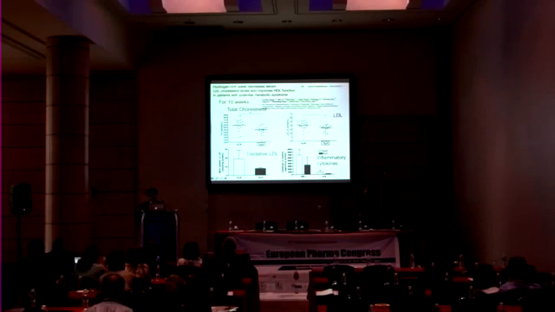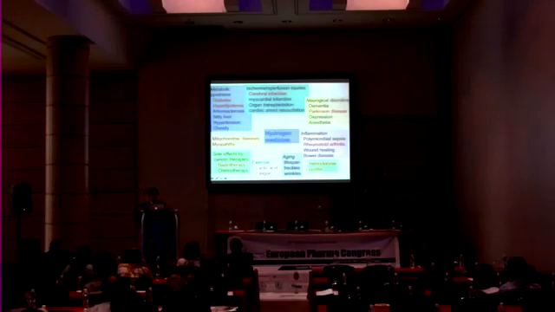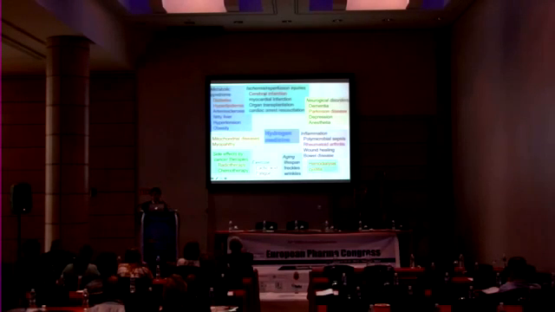I'm sorry, but this is a really busy slide. This slide shows positive results in animal experiments. Red letters indicate diseases for which the results of clinical studies have been published.